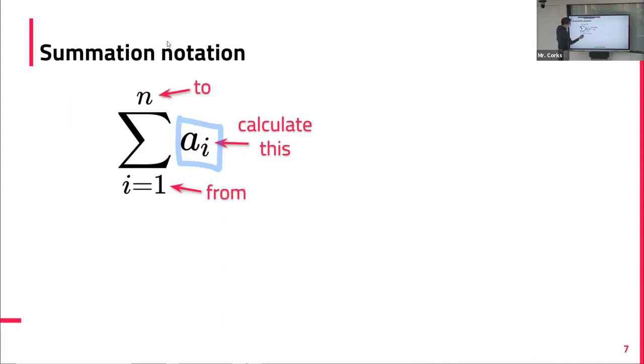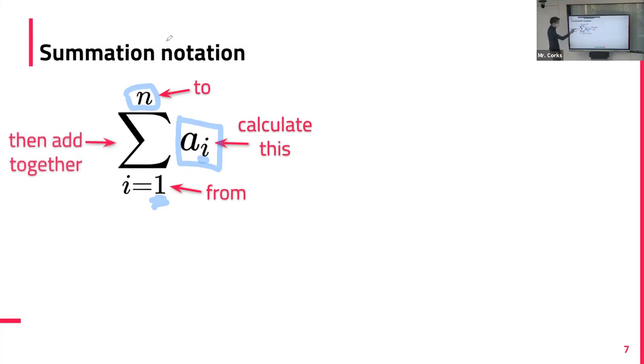So let's start when i is equal to 1. We have i here, and go until i is whatever number is on the top, n, and then stop at that point. So it's telling us how many we'll have. And again, the big sigma looking thing here just means once you've made all of those things, add them all together. So it's a series.